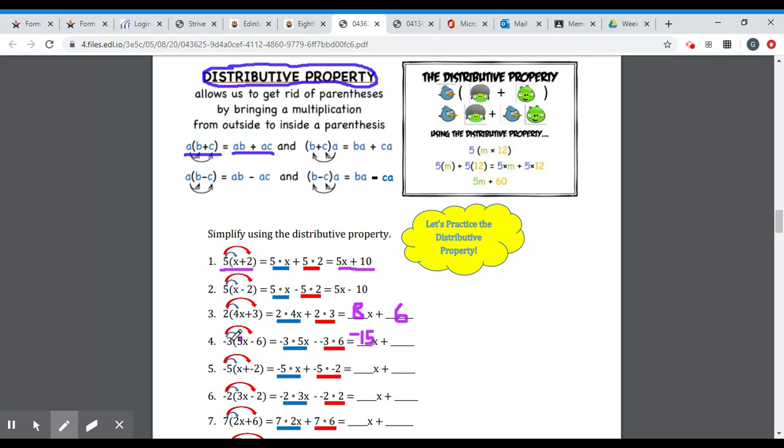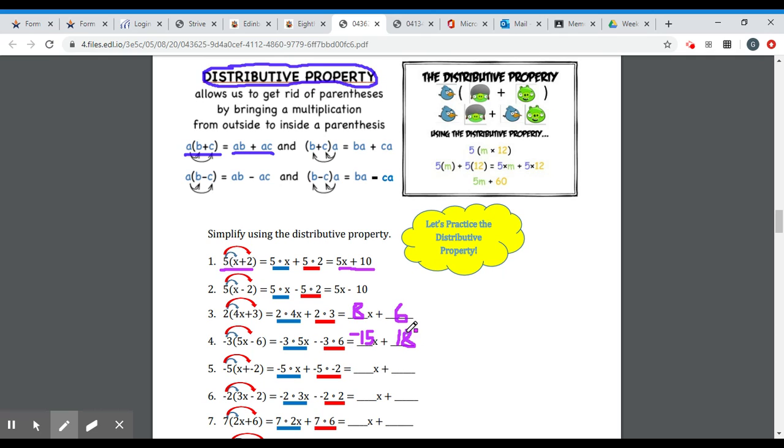And then negative 3 times negative 6. Well, remember, they're the same. So if they're the same, even though they're both negative, it's going to be a positive. So what's 3 times 6? 18. But because they're both negative, it's going to be a positive, which is why I wrote positive right here. And then I'll just write my 18.